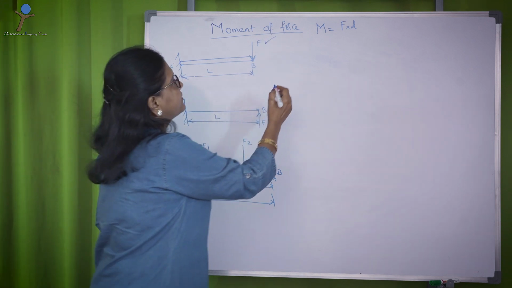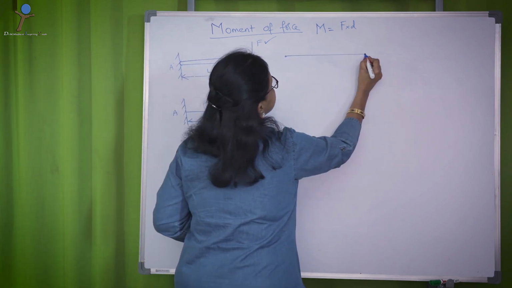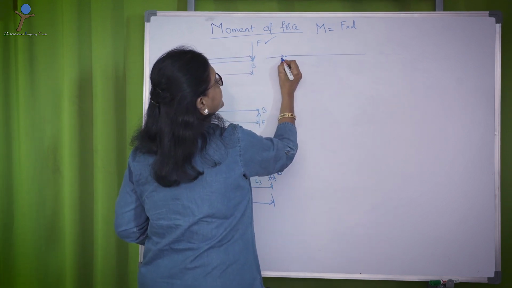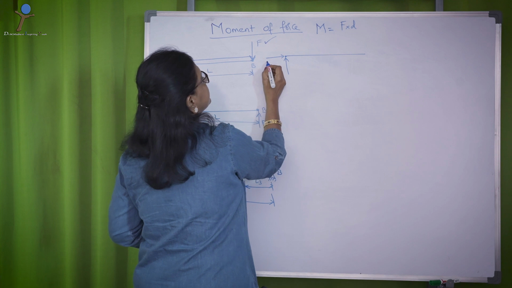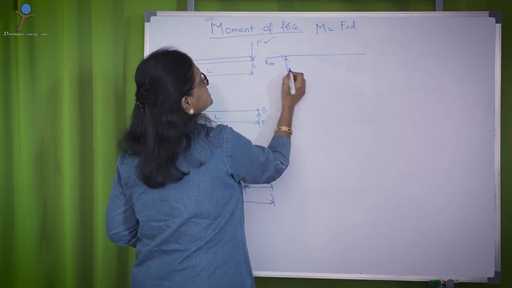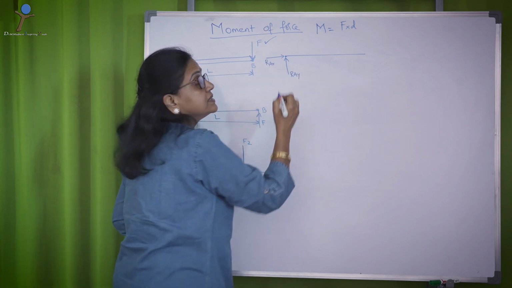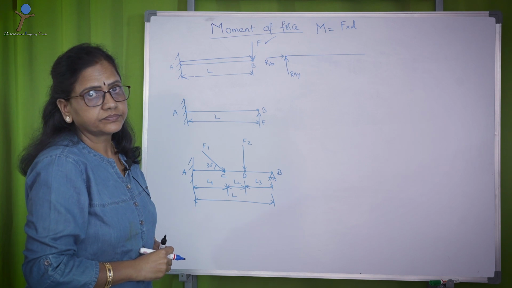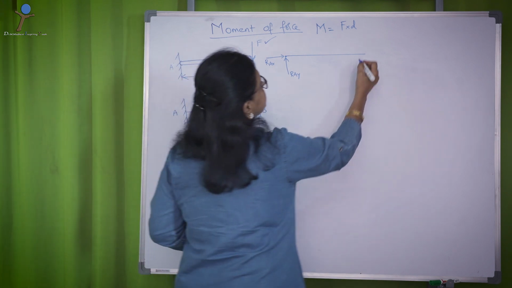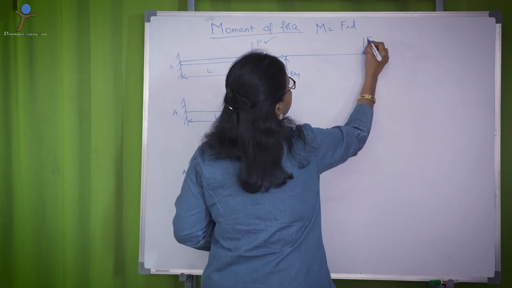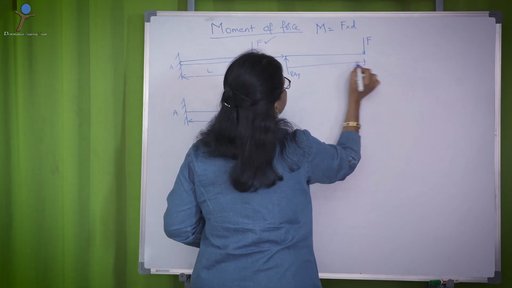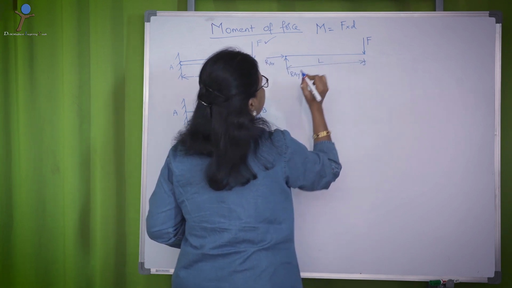The free body diagram for this could be, since it is fixed at one end, written with RAX and RAY as reactions. And F is the force acting at a length of L.